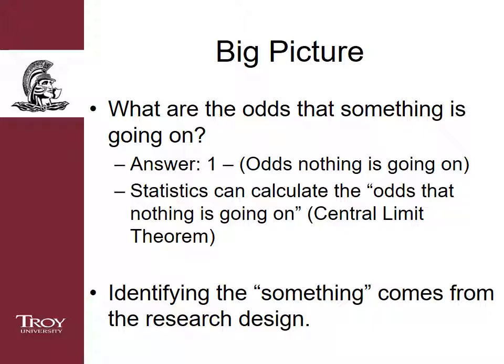And using the central limit theorem, there are various statistical techniques, which I'm not going to get too much into, that allow a computer to just look at the data and say, all right, we see that 52% of women support gun control and 47% of men support it.